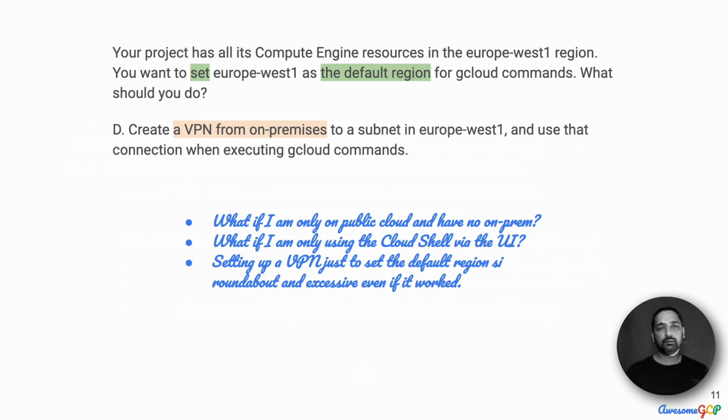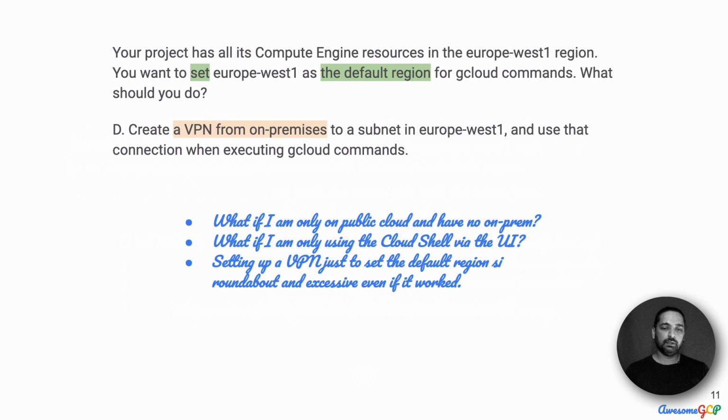In option D, they're asking us to create a VPN from on-premises to the subnet in Europe West 1. And when you use that, it says the GCloud commands will automatically have the default region of Europe West 1. Assume this even works, right? What if I don't have an on-prem?